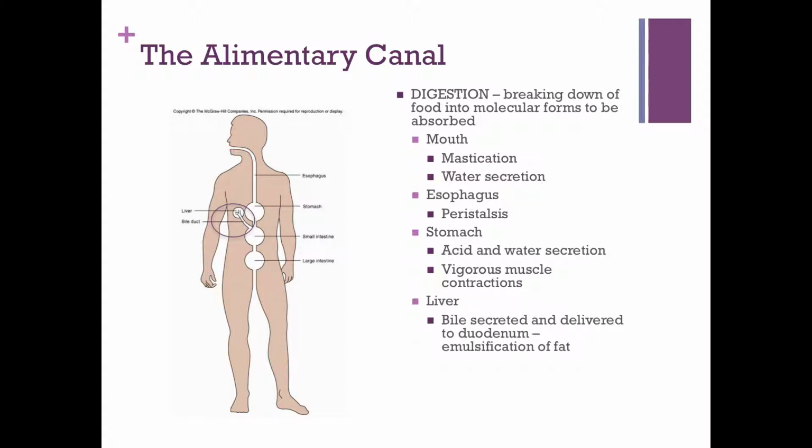The liver is going to secrete bile that is delivered into the first part of the small intestine, the duodenum, which helps break down pieces of fat into tiny little droplets. That's called emulsification. So bile breaks down fatty products so that we can actually absorb those things. The small intestine is the main site of absorption. That's where nutrients are broken down and brought into the bloodstream.